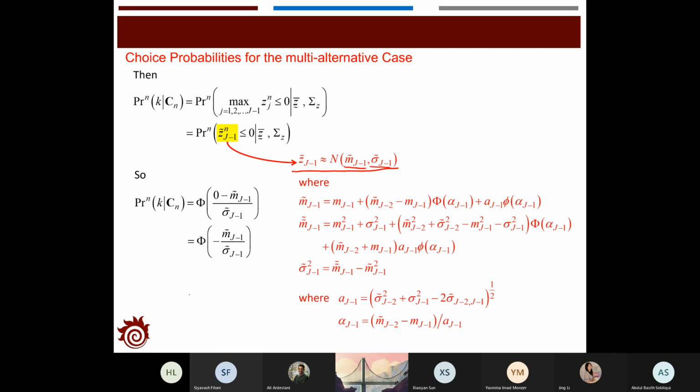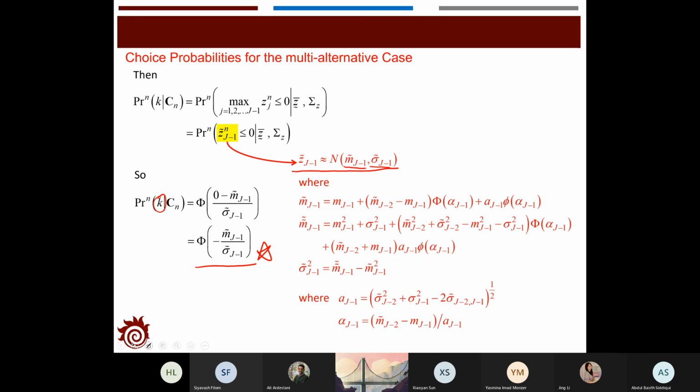And with that, the probability would just be phi of minus mj minus 1 divided by sigma j minus 1. So this is the probability equation you need to recall to calculate the probability of choosing the alternative k. And that's the simple conclusion from the probability model.